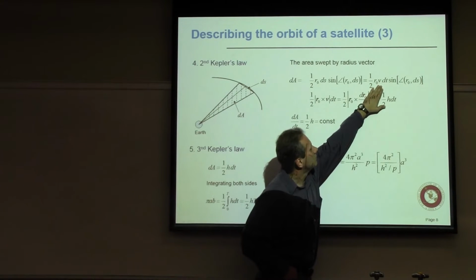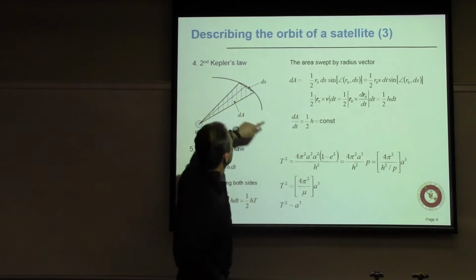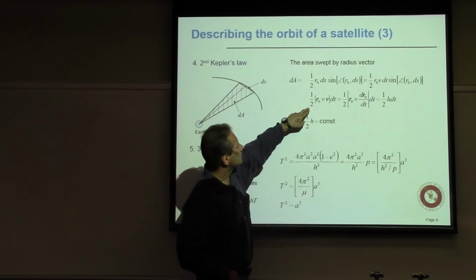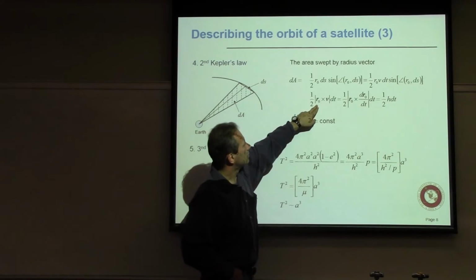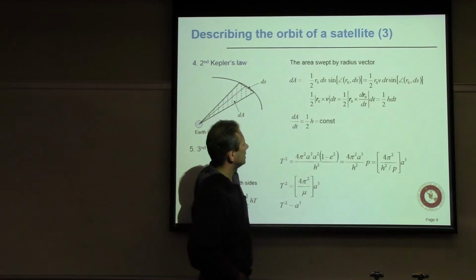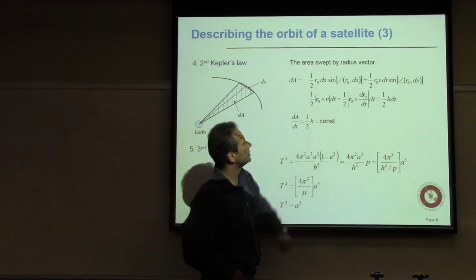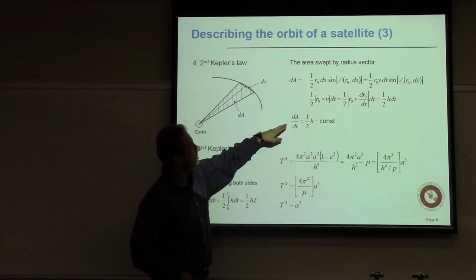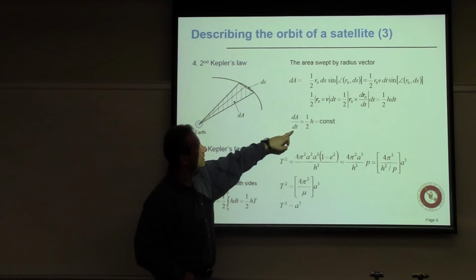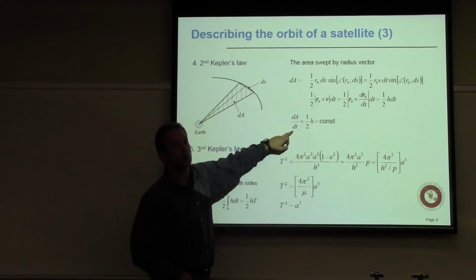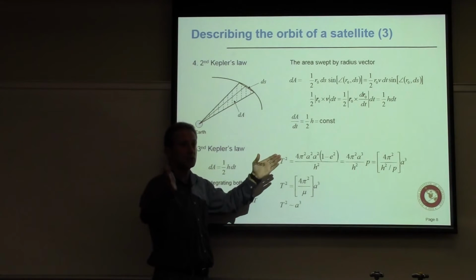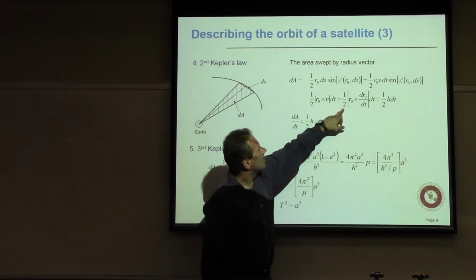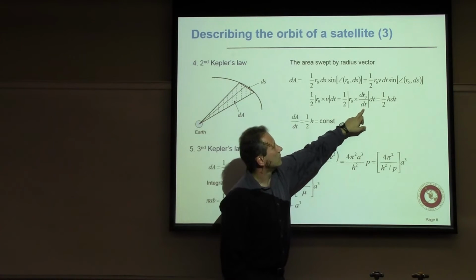The linear velocity of the satellite times dt is essentially this ds. So this translates to 1/2 cross product between R0, which is the radius vector, and the linear velocity times the dt. And then if you divide these two, you get that dA over dt, which is what we call sector velocity, essentially how much of the area is swept over unit time, is equal to 1/2 R0 cross dR0 over dt.